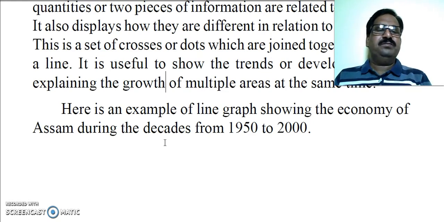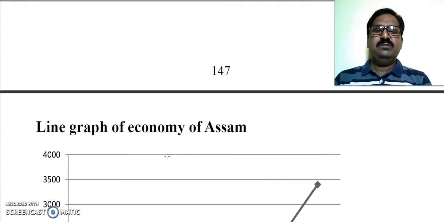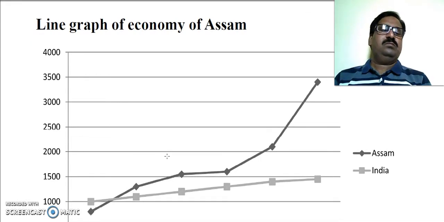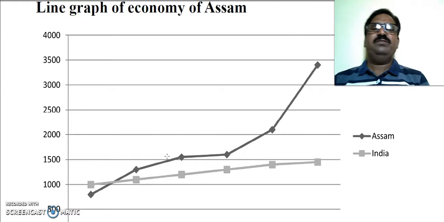Here is an example of a line graph. It shows the economy of Assam during the decades from 1950 to 2000. It shows the growth of the economy of the state of Assam during these 5 decades. You can see here this line graph.